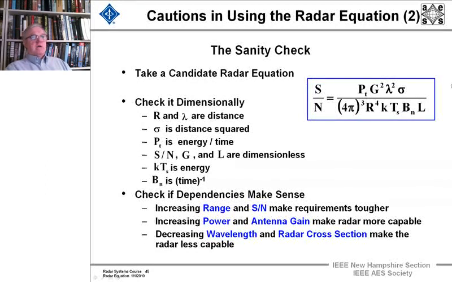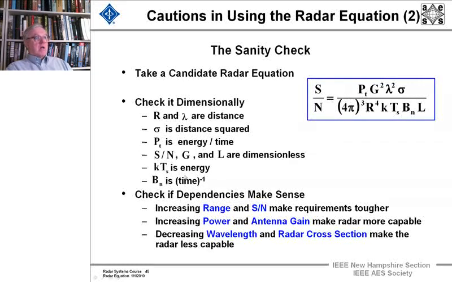You want to take a candidate equation and check that the dimensionalities are right. When you have the equation, see that the watts cancel the watts, the range to the fourth cancels the meters squared here and the meters squared there, and the bandwidth here cancels the hertz in other places, and the peak power, which is an energy, and there's a joules here, which will cancel the other part of the energy, joules per second.